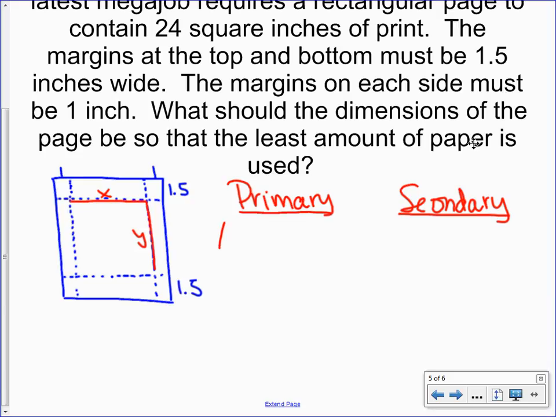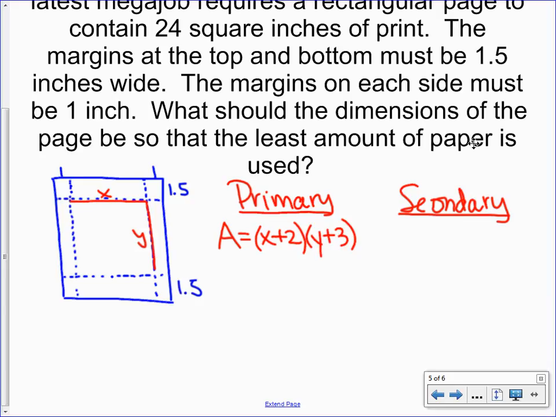So that is talking about area, right? The area of our paper. What is the area of our paper? x plus 2 times y plus 3.